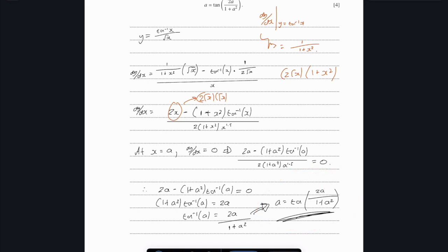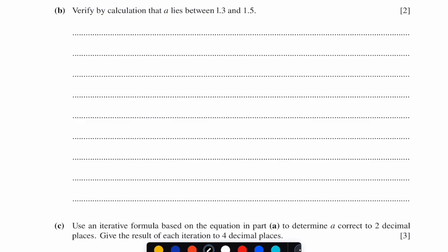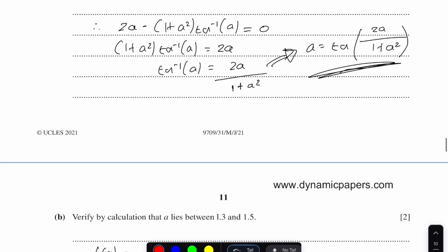Right guys, now for part B it says verify by calculation that a lies between 1.3 and 1.5. So to do this we're going to say f of a equals what? Well, firstly we know that a is equal to tan of 2a over 1 plus a squared, and you kind of knew where this question was going to end up. It's a classic iteration type question.